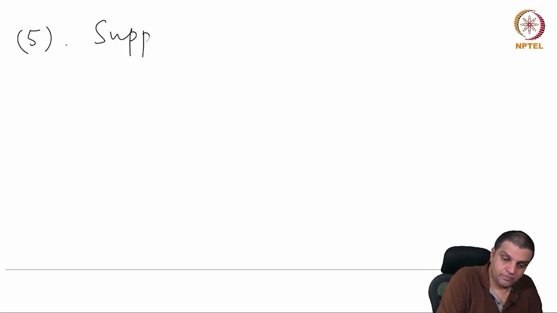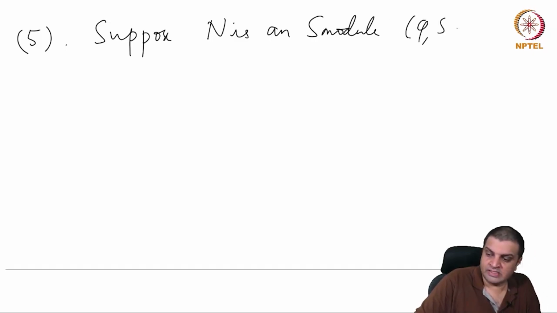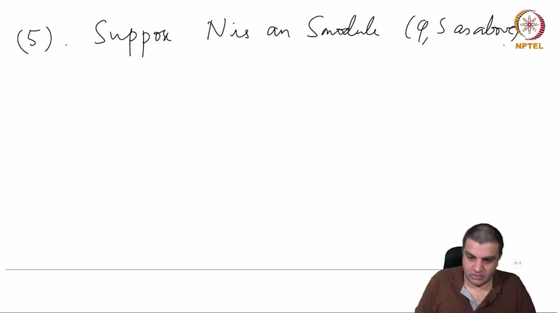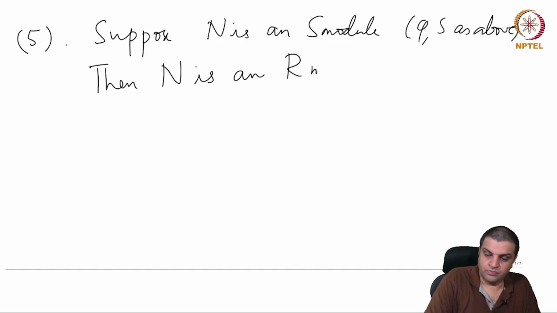Suppose N is an S module, with phi as earlier. Then N is an R module through phi.